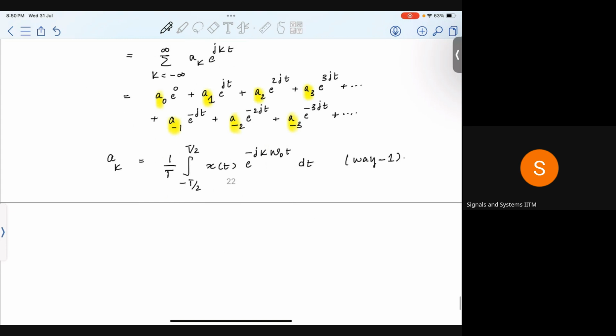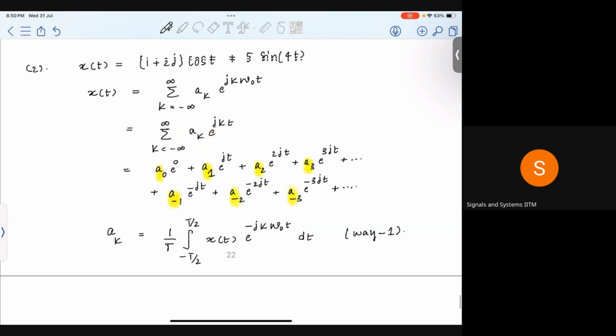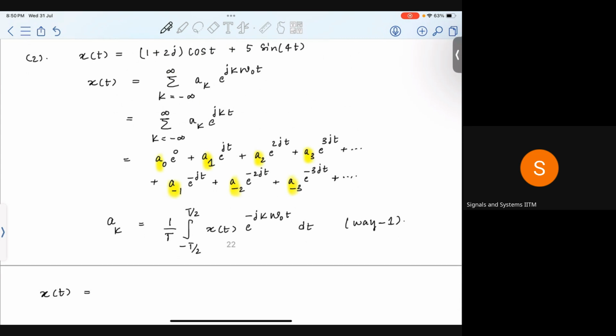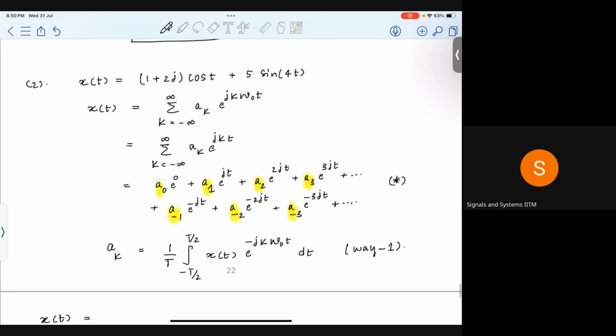Or the easiest way when you have cos or sine signals is this. Let me call this summation star. Since x of t is a periodic signal, you can also find out that this particular signal satisfies Dirichlet's conditions. It is very evident.